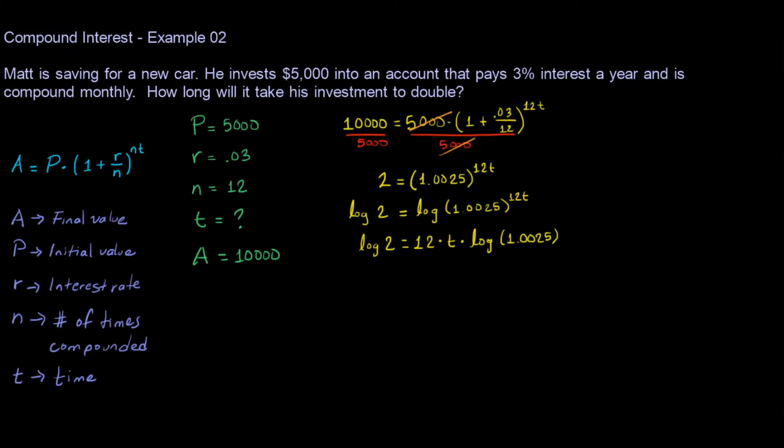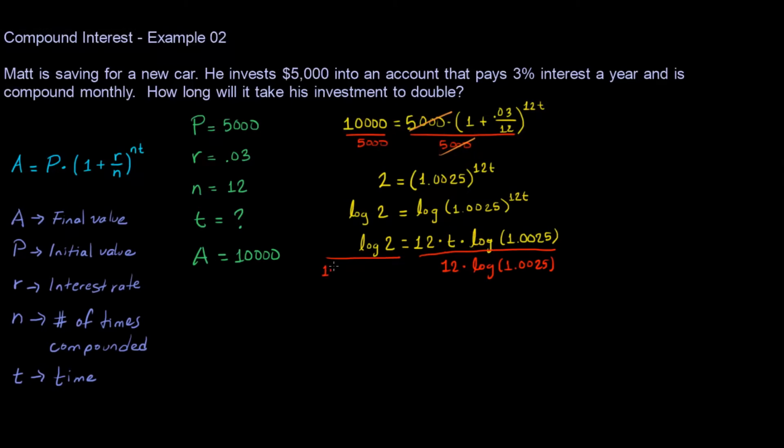I'm going to divide both sides of the equation by 12 times the log base 10 of 1.0025, just to cancel out what's here, not the t, what's not the t.